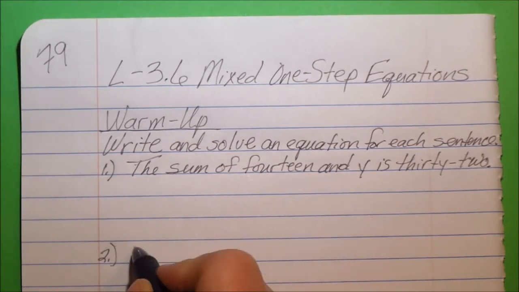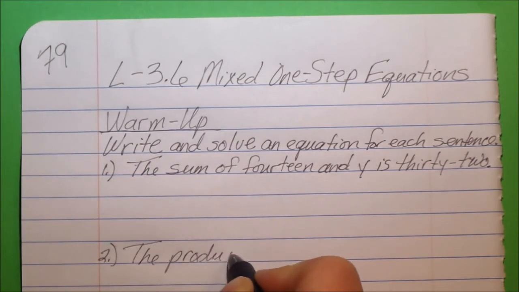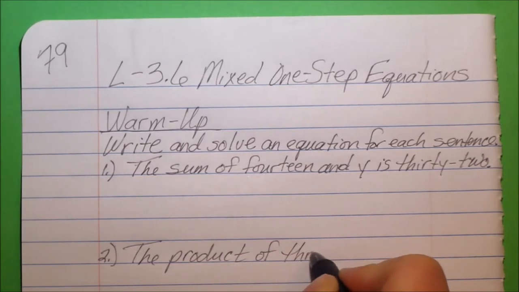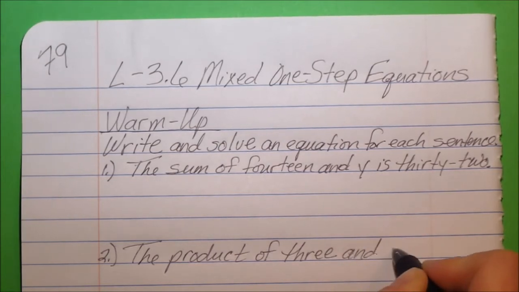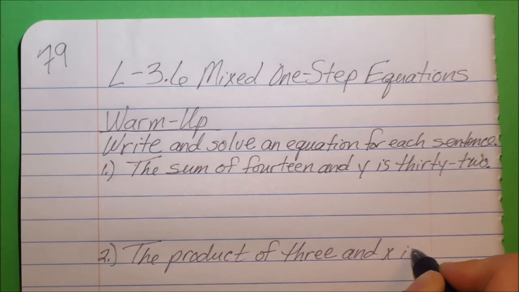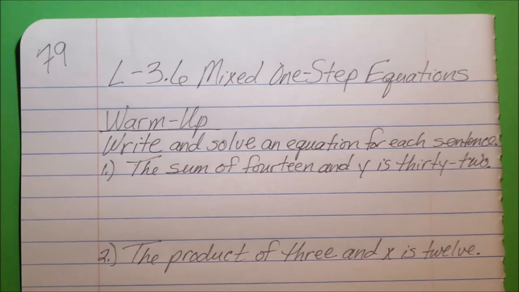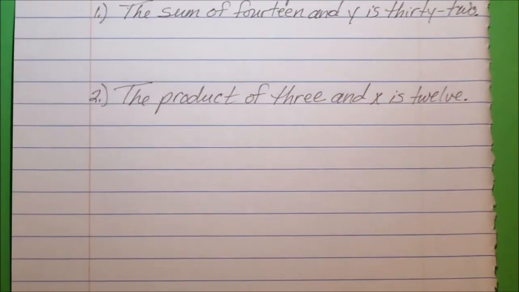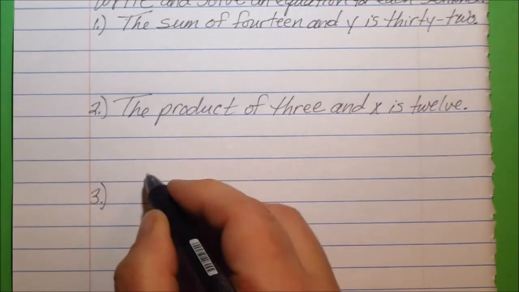All right, number 2. The product of 3 and x is 12. All right, and the third and final warm-up sentence. Number 3.